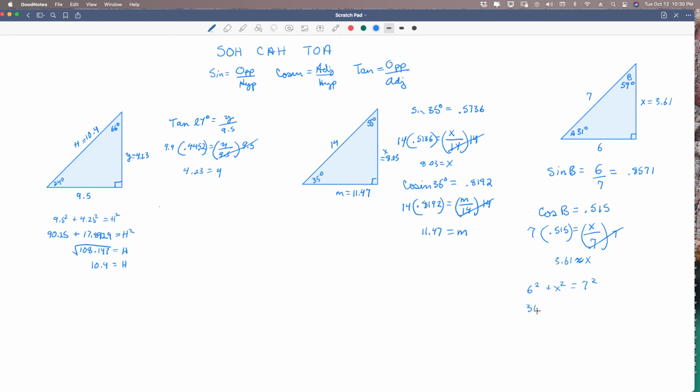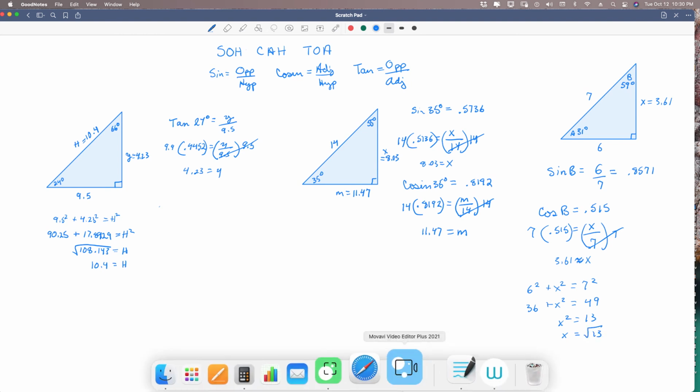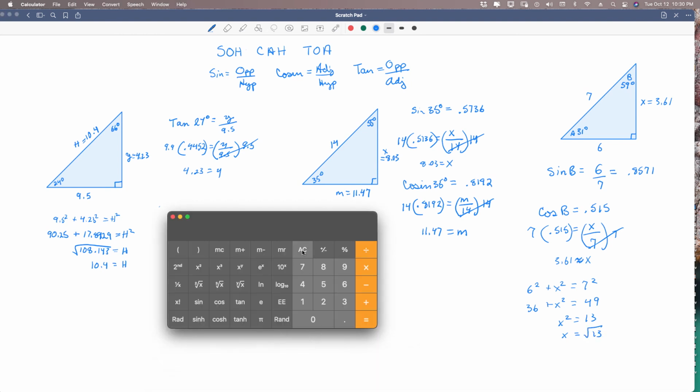So this is 36, this is 49, plus x squared. When I solve this, x squared is equal to 13. So x is equal to the square root of 13. Let's see what the square root of 13 is on my calculator. It's 3.61. So x is correct.